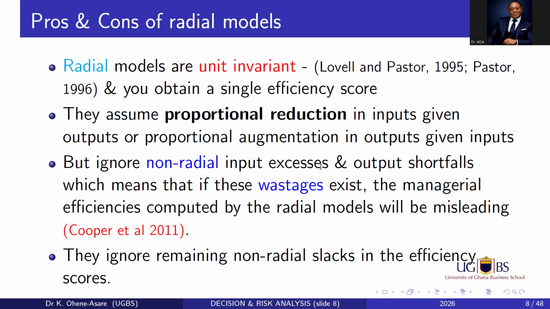These non-radial slacks, on the input side, are the inputs you should have reduced but have not reduced, and therefore they become excesses. Or the outputs you should have increased but have not increased, and therefore they become shortfalls. And such are wastages. And when there are these wastages, the managerial efficiency computed by the radial models will not capture the true efficiency measure because it has neglected these factors.